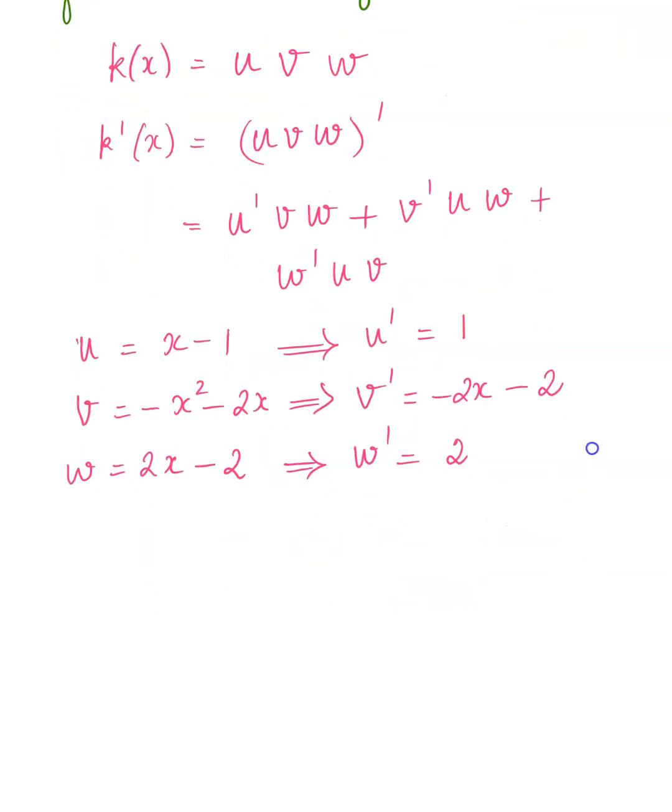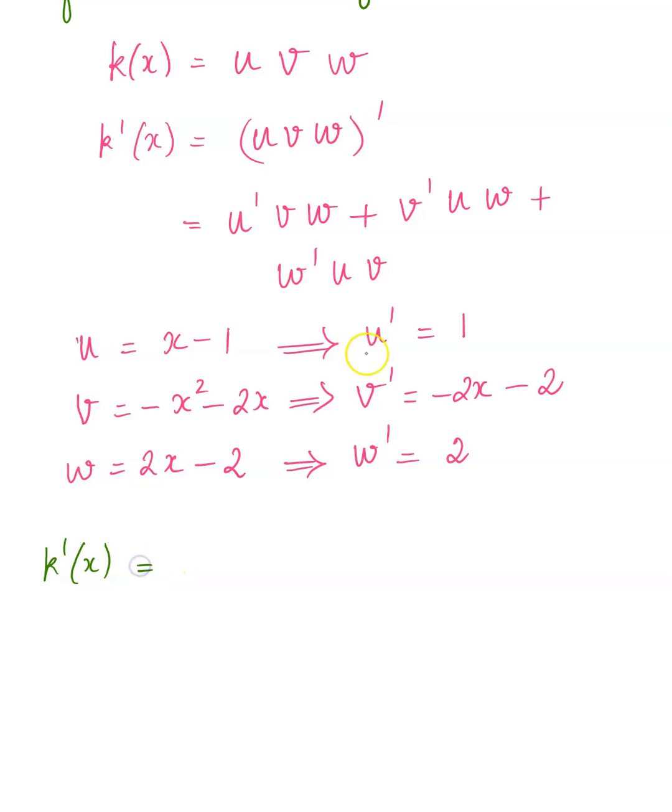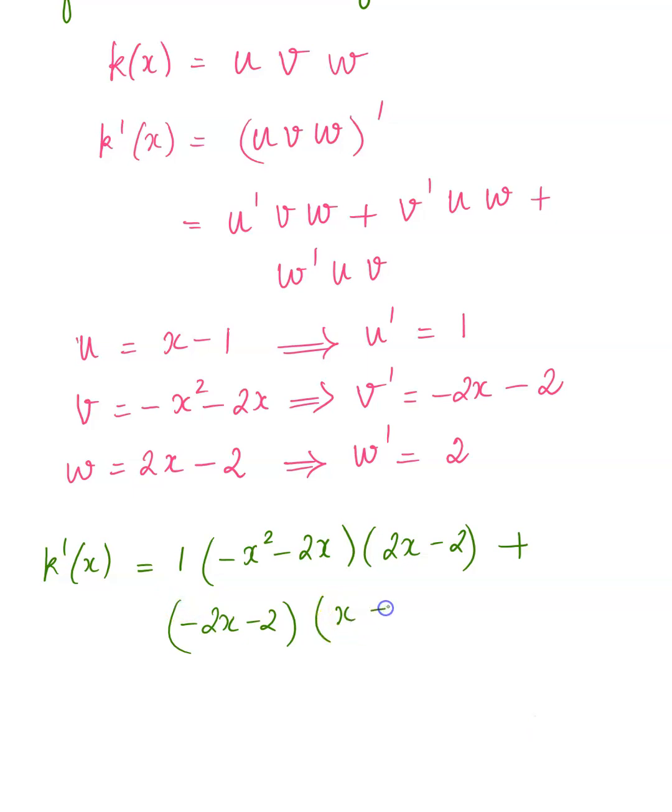Okay. Now it's time for us to find the k prime. So u prime, which is 1, times v times w, so negative x squared minus 2x times w, 2x minus 2, plus v prime times u times w, v prime, so that's negative 2x minus 2, times u times w.